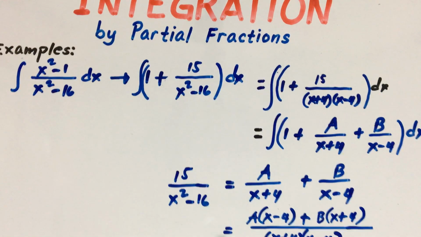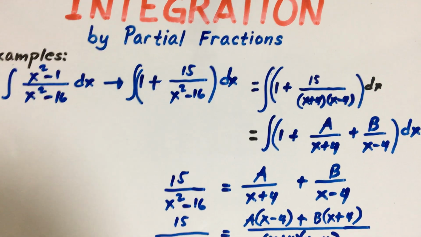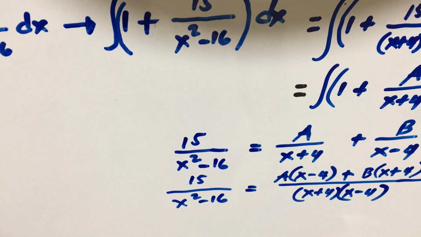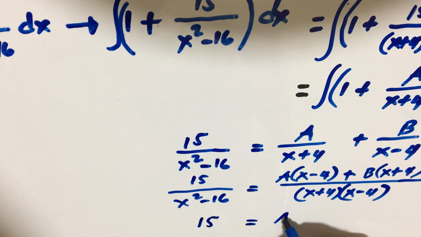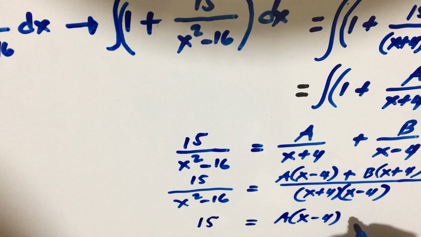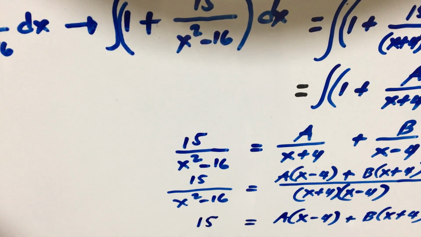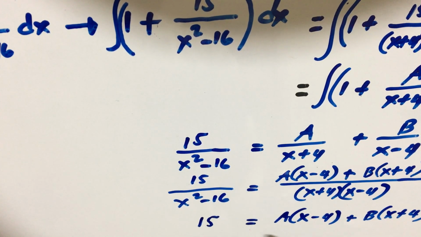Okay, then equating the numerators, we have 15 equal to a times x minus 4, plus b times x plus 4. And again, the values of x to be substituted in this equation are the results when you equate these factors to 0.